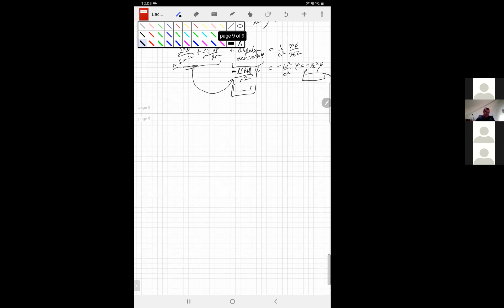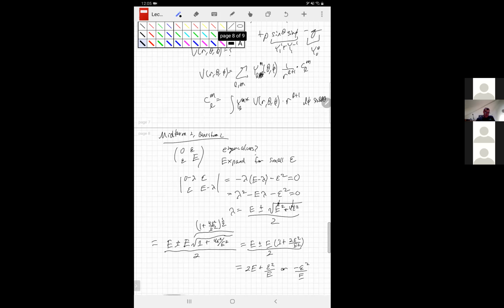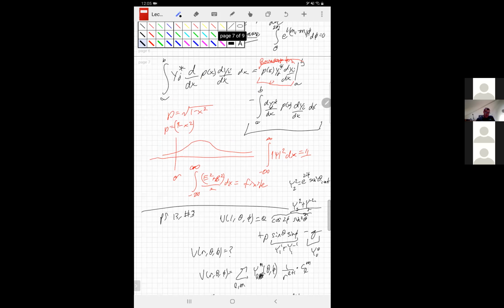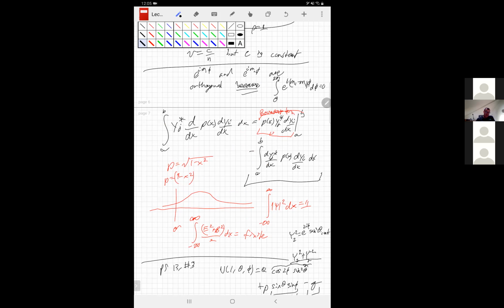Okay, so the orthogonality relationship, this is something that came up earlier. It comes down to you need something to be 0 at the boundaries. So the integral from a to b of yj star, and then you have this Sturm-Liouville operator. You can do integration by parts, and you get p of x, which shows up in the differential equation, times yj star times the derivative of yi, minus this symmetric term.